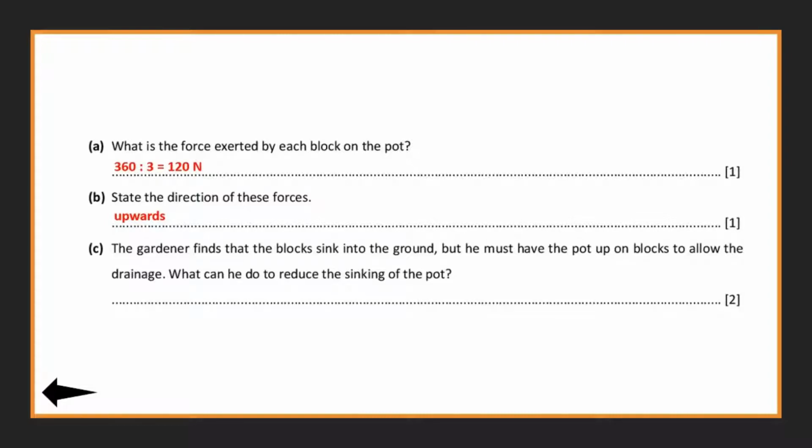Then, what can he do? The gardener must put a whiteboard under the blocks to reduce the pressure from the block to the ground. This will prevent the sinking of the pot.